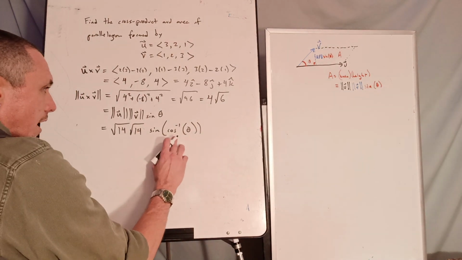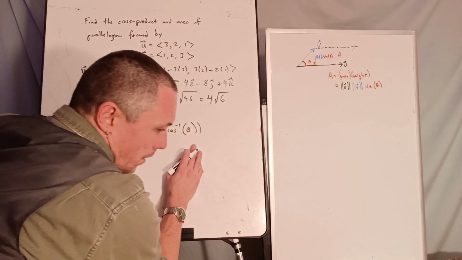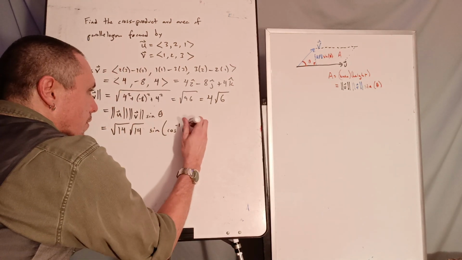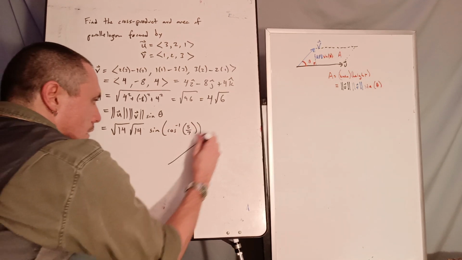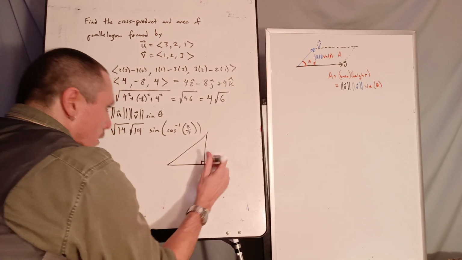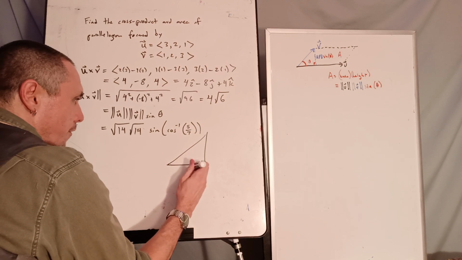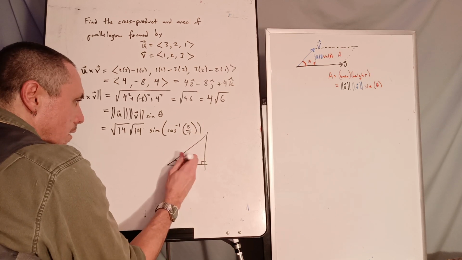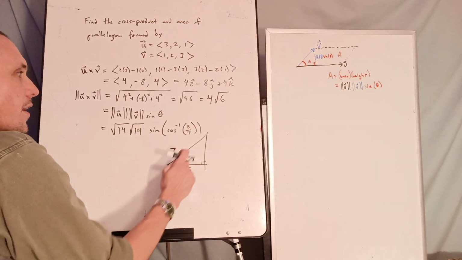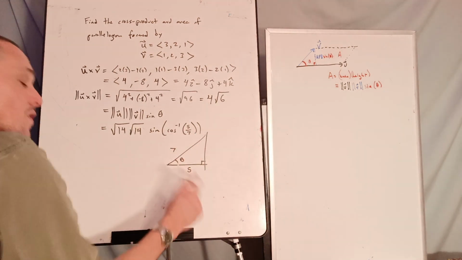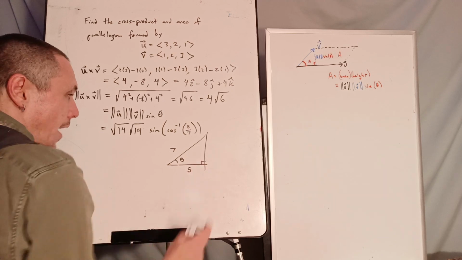What is sine of this cosine of theta? Well, remember that theta was inverse cosine of 5/7. So just draw a quick triangle. What would you have? Well, you would have 5 for the adjacent, and 7 for the hypotenuse. That's the ratio 5/7 that you'd be taking in order to get this theta. But then you know what the other side is.